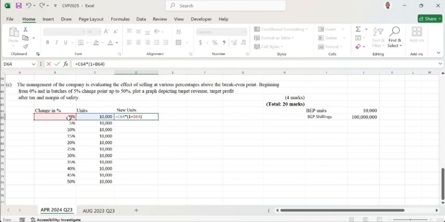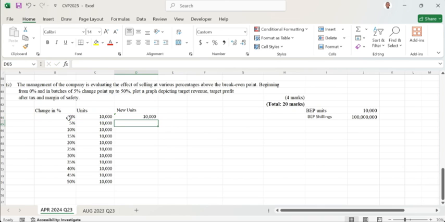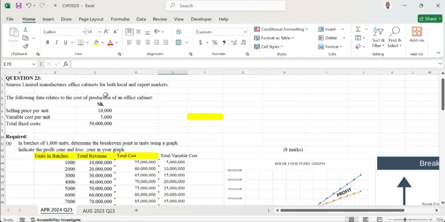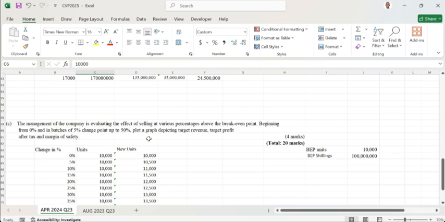Tunalock hiyo growth. Hii formula ni ya growth tu. Equals to this times into brackets 1 plus this side. You close the bracket.